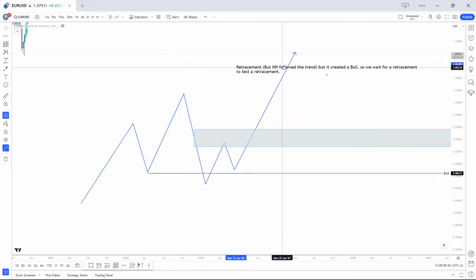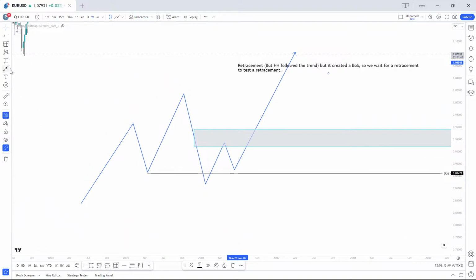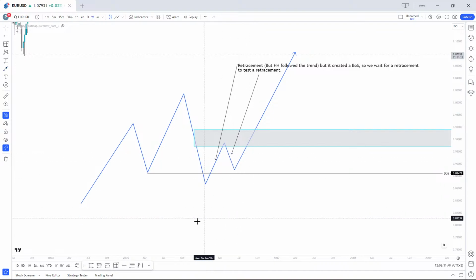So like this retracement. So what we basically have is retracement testing onto a retracement. Oh, damn, that's crazy. That is crazy.